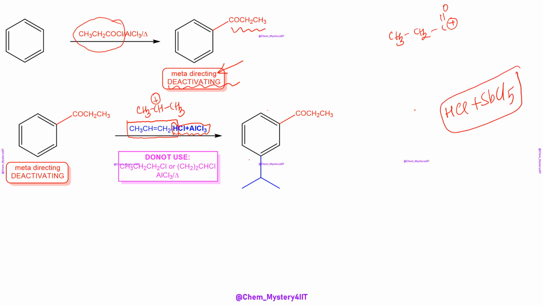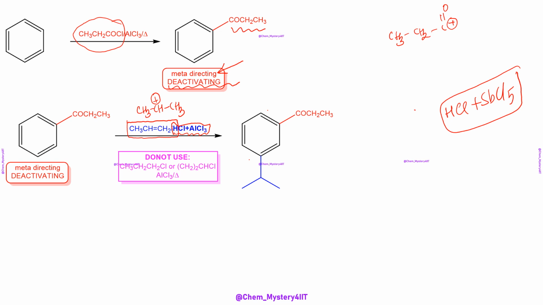But with HCl plus AlCl3, because Cl goes with the aluminum, the H+ ion concentration can be very easily available in the reaction medium, and then H+ ions can attack the alkene very easily. So the point over here was that AlCl3 is not generating the carbocation from the reaction of an alkyl halide.